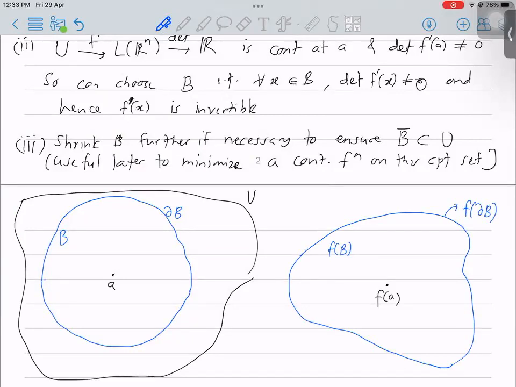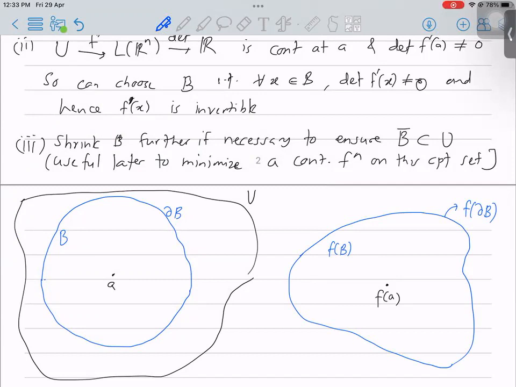It's just the symbol for the boundary of the set. I don't really need to define the boundary of an arbitrary set; you'll see that in topology. The boundary of the ball is just the points where the distance is exactly equal to the radius.